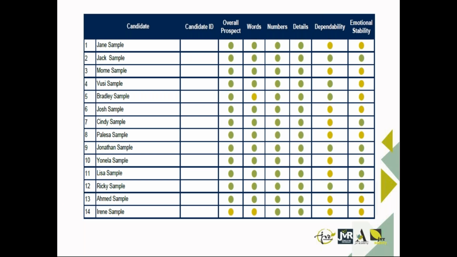However, this should be consulted again in isolation without looking at any of your other scales. Those scales are just there to provide context as to how that overall prospect came about. The overall prospect scale summarizes the overall potential the candidate has for further assessment and selection and should be, again, the only scale consulted and to be used for pre-selection decisions.